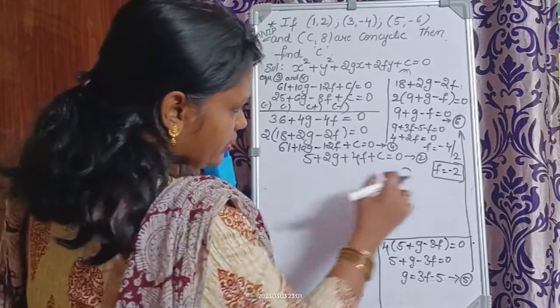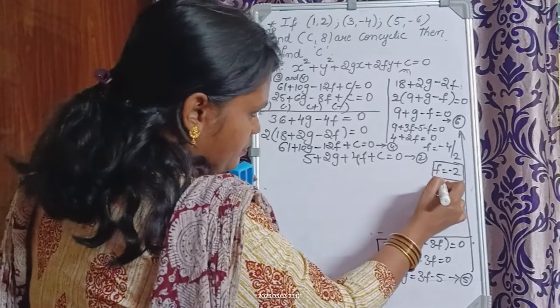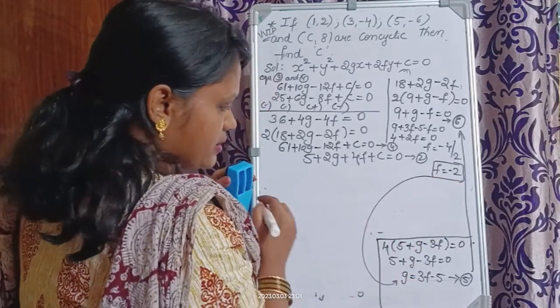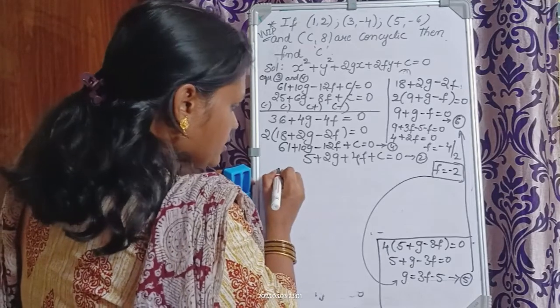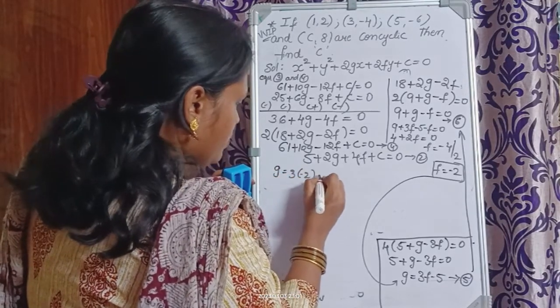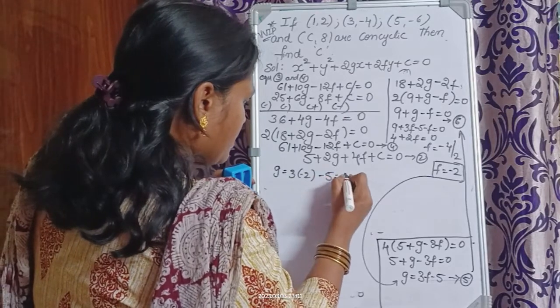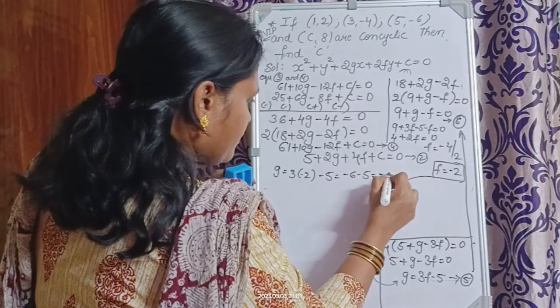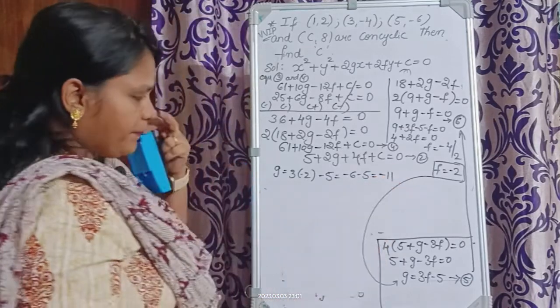Once I get the value of f, just substitute f here in this equation. Then what you will get, g is equal to 3 times f value, which is minus 2, minus 5, which is minus 6 minus 5, which is minus 11.